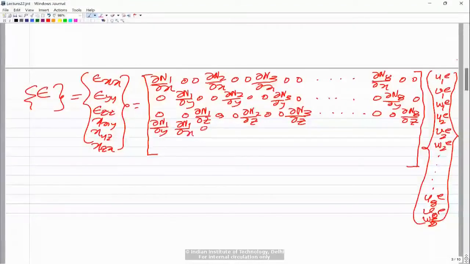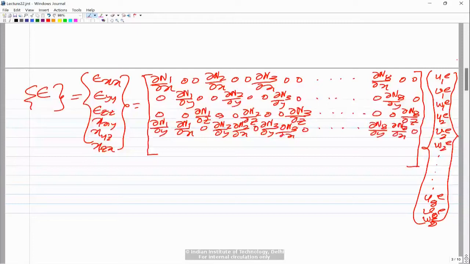And then 0, w is not coming in that, and then del n2 by del y, del n2 by del x, 0, del n3 by del y, del n3 by del x, 0, and then we will have del n8 by del y, del n8 by del x, and 0. So this is gamma xy.